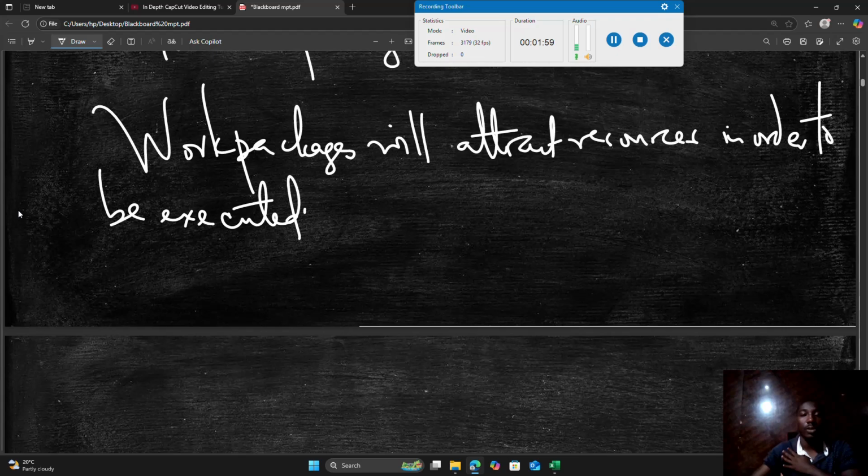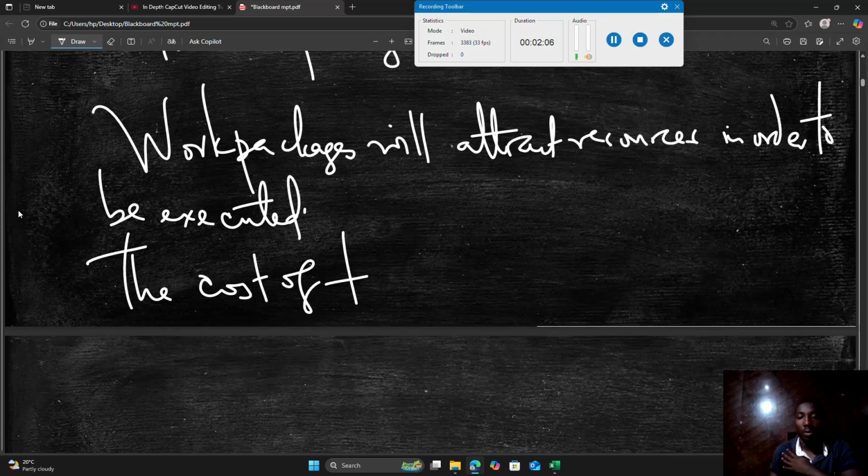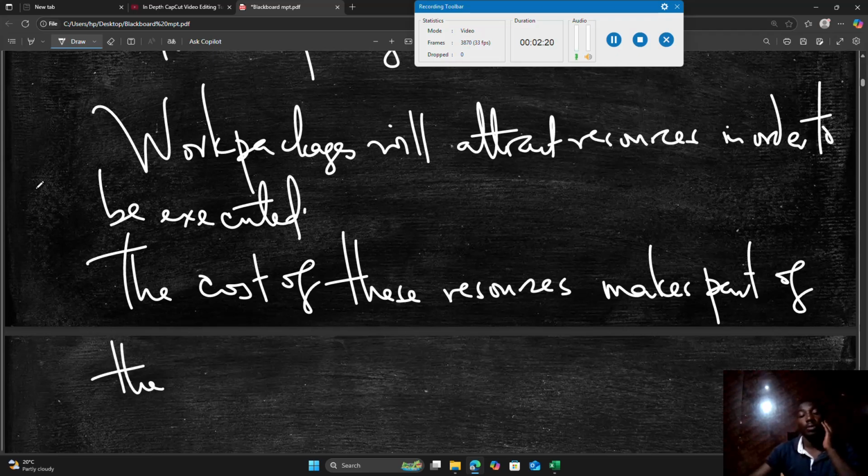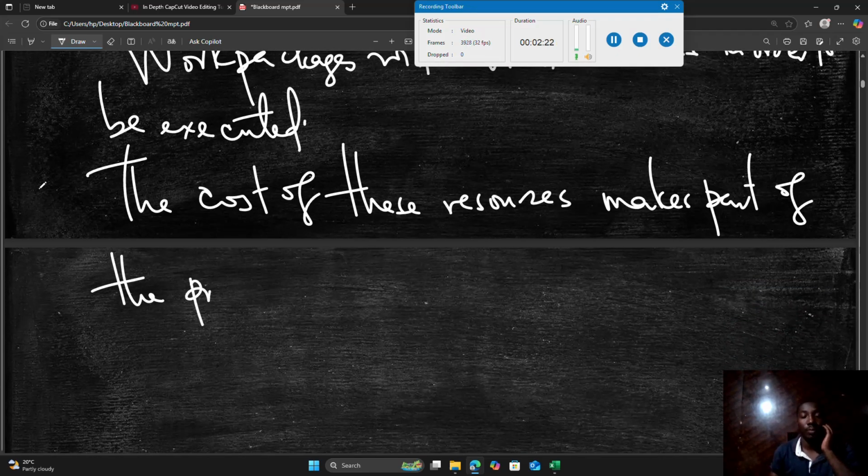So the cost of these resources makes part of the price of the work.